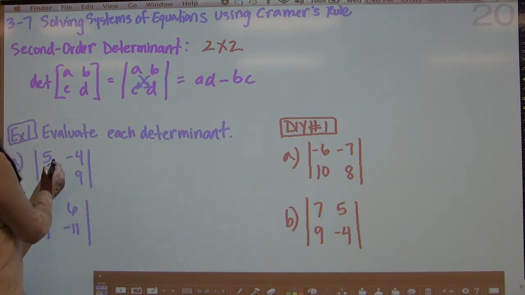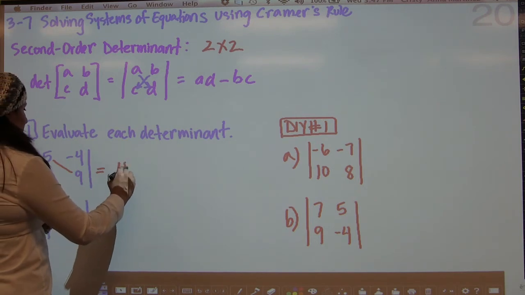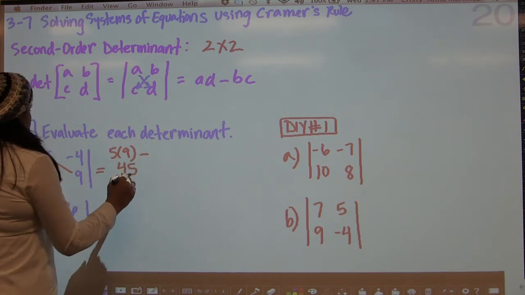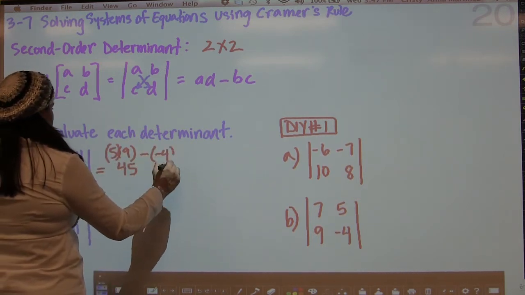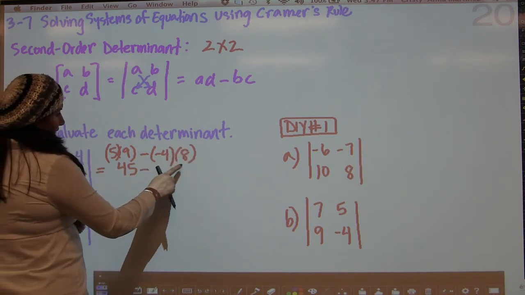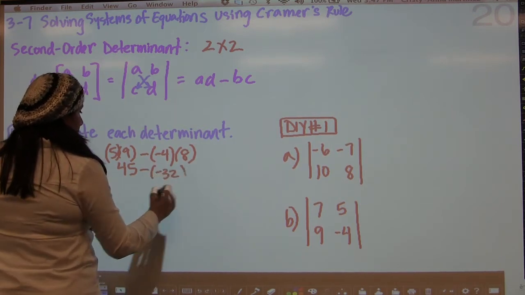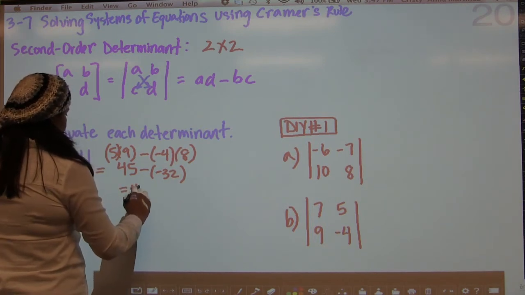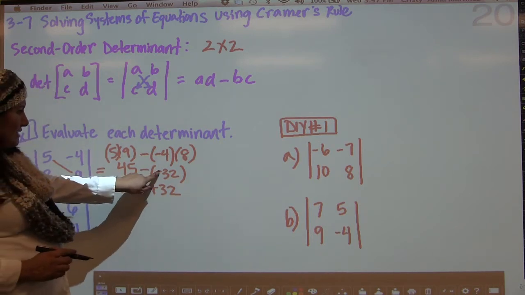So we're going to go ahead and do our first diagonal. And so 5 times 9 is 45. So if I want to show all my work, I'll do 5 times 9 minus -4 times 8. Okay, so here's a minus. And then we have 8 times 4 is 32. It's -32. So that means that I'm going to take 45 and actually add 32 because it's minus negative.